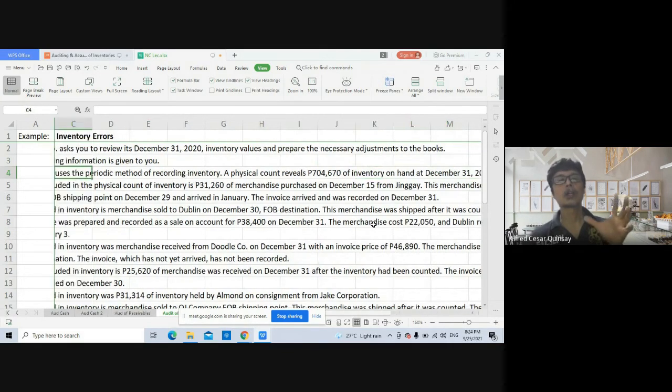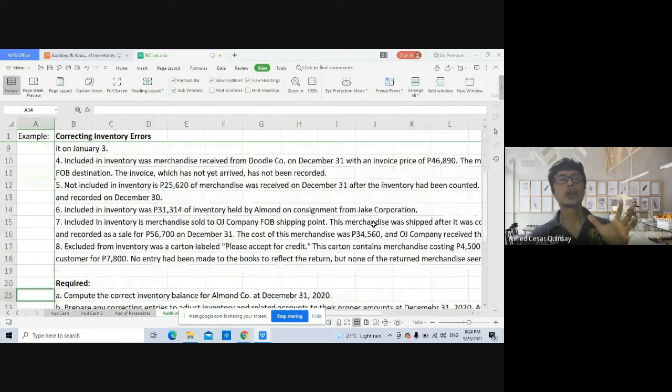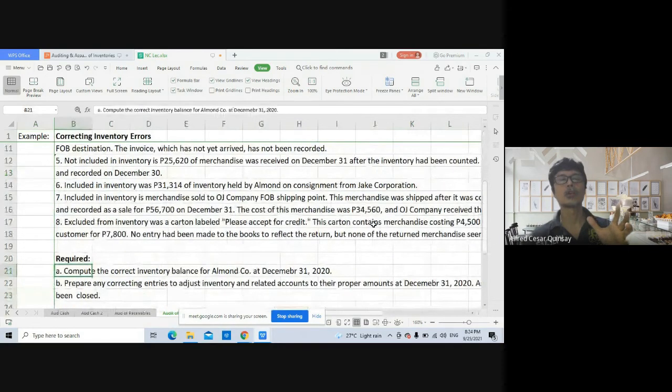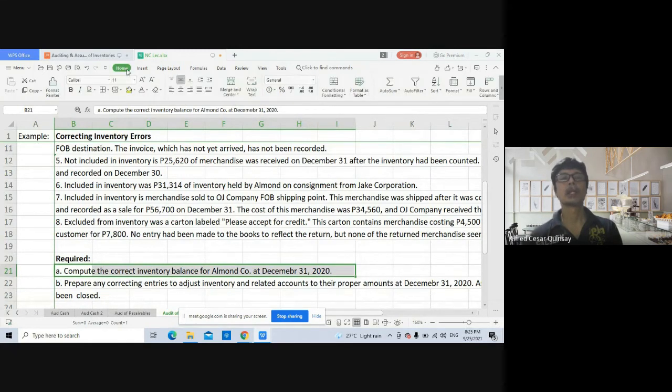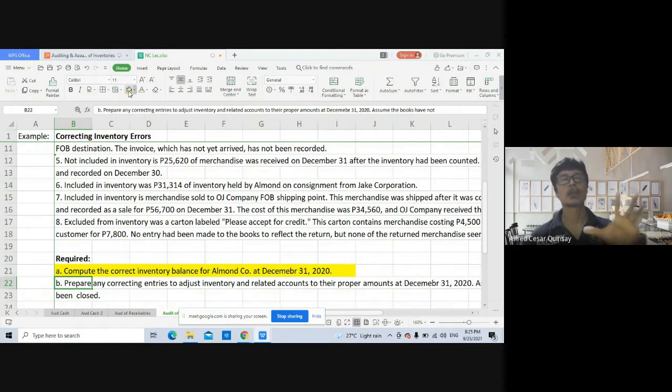Incidentally, bago natin ituloy ito, tingnan muna natin yung requirements dito. So requirements is compute the correct inventory balance for Almond Company on December 31, 2020. So kailangan makita natin yung valuation, tama yung naka-value doon.